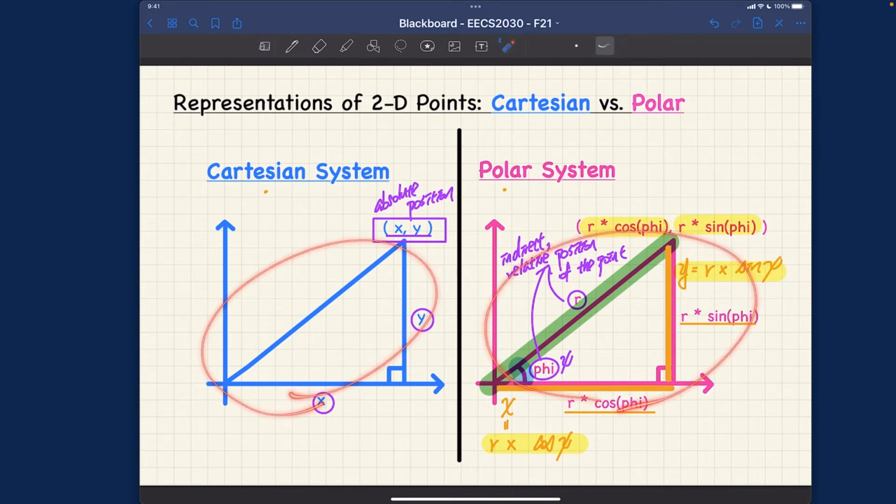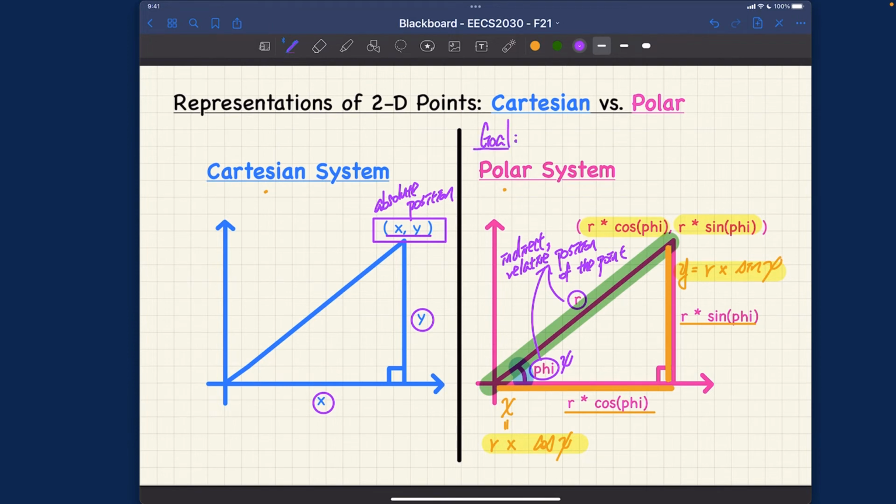So now the question is, dynamically, we want to be able to convert from one to the other easily. So the programming goal is, dynamically at runtime, to switch and convert between the two systems seamlessly.